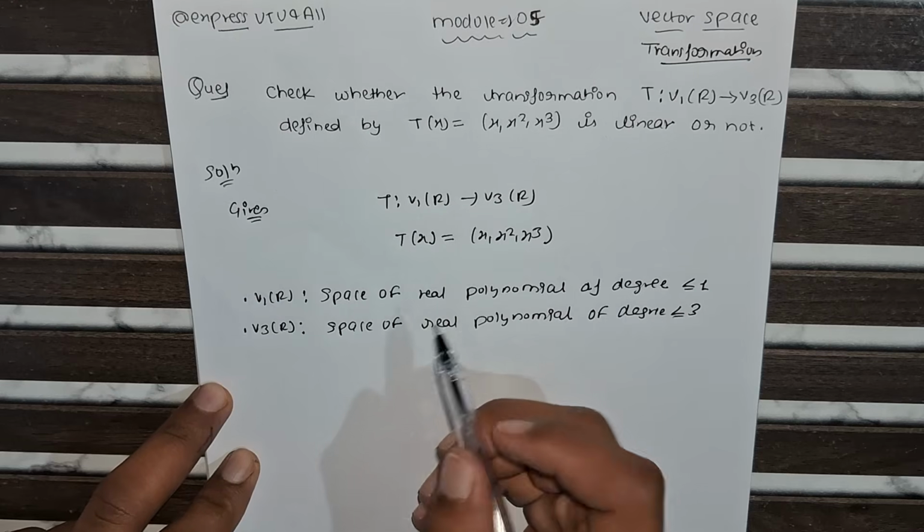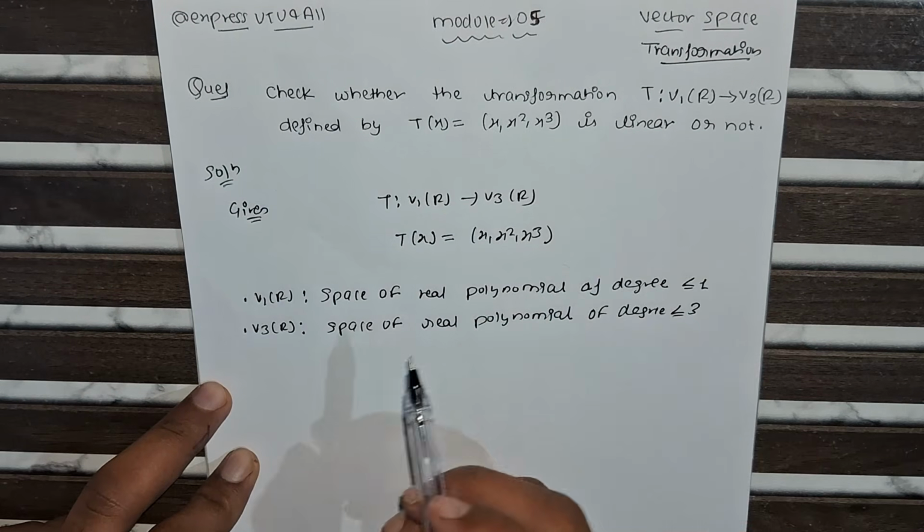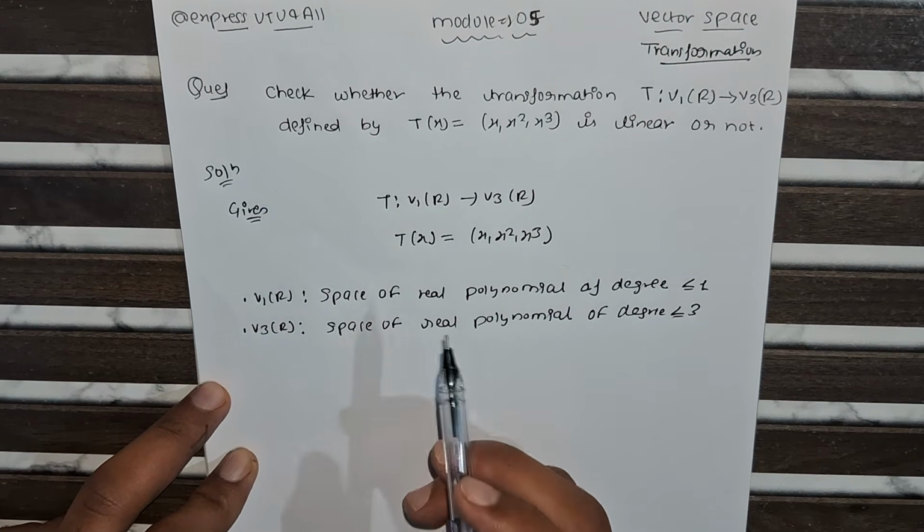Now we have to check the condition for linearity. A transformation T is linear if both conditions hold.